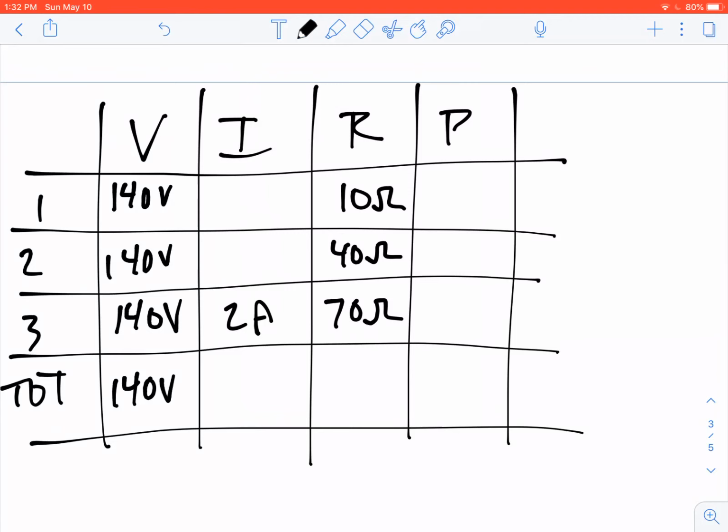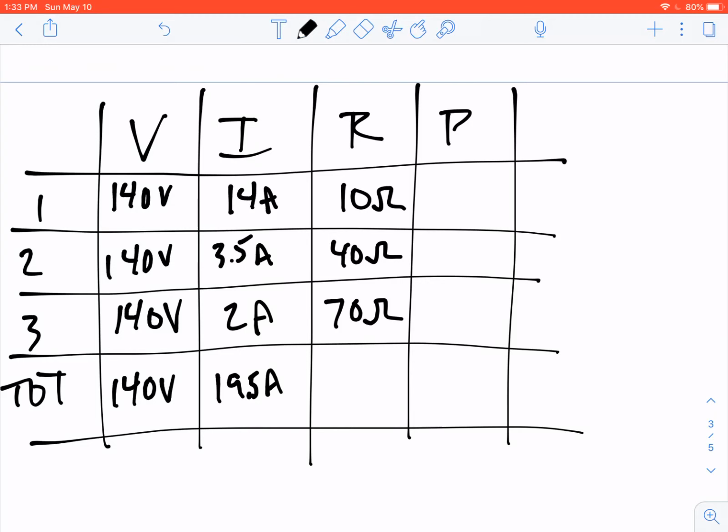We can see that we've got 14 amps going across resistor 1, and we've got, let's see, 140 divided by 40 is 3.5 amps going across resistor 2. We can add those individual currents up to get the total current in the system. We got 14 plus 3.5 plus 2 is 19.5 amps.